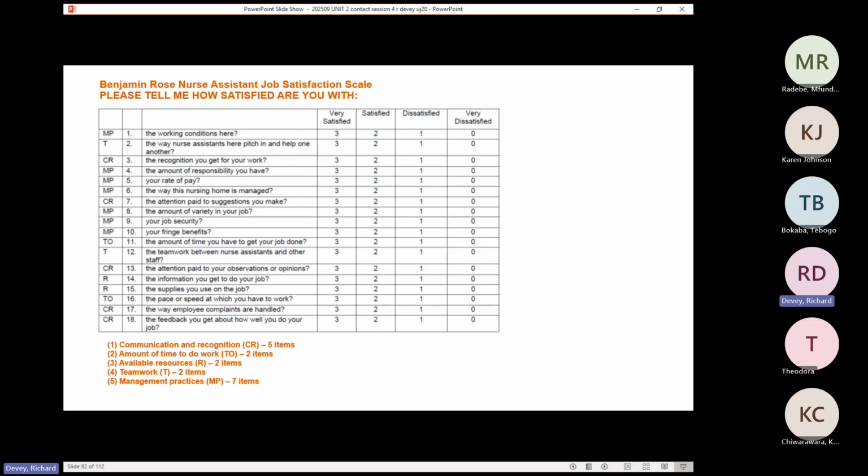If you look at the number of questions making up each construct at the bottom of the slide, communication and recognition has 5 questions, amount of time to do work has 2 questions, available resources has 2 questions, teamwork has 2 questions, and management practices has 7 questions.